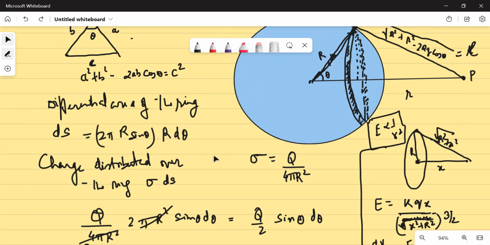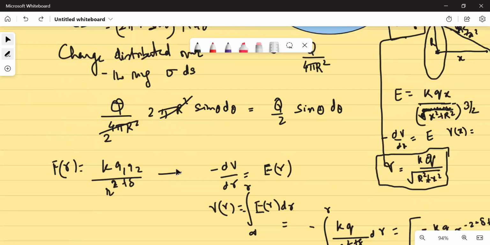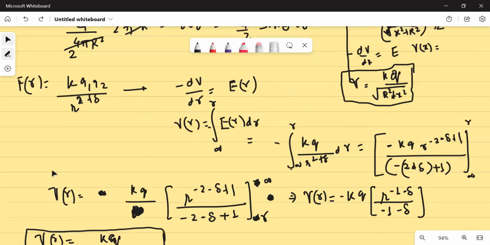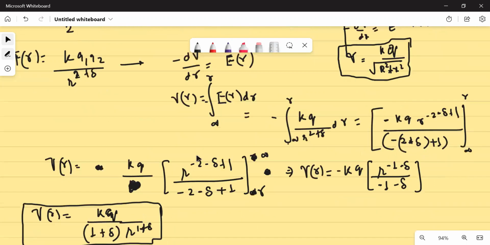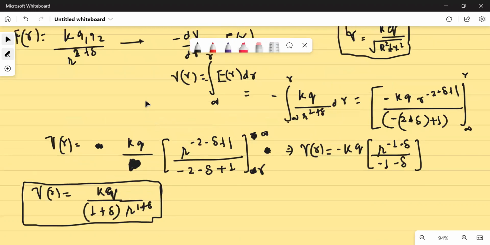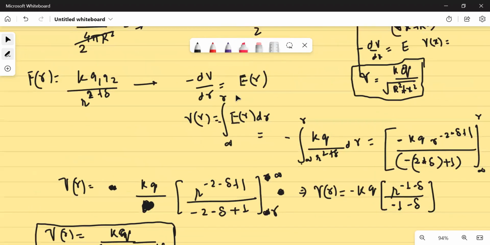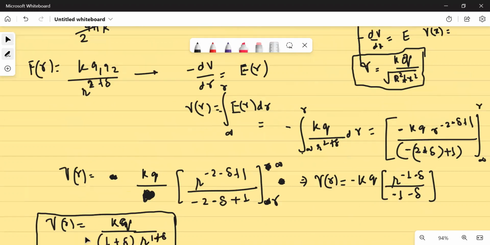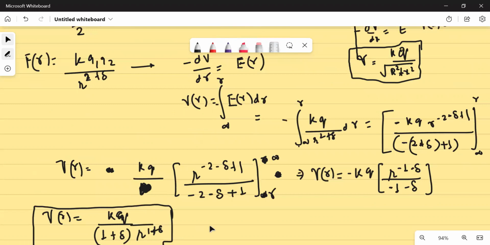I would first have to find the newer potential. I found the newer potential to be kq upon (1 plus delta) r to the power 1 plus delta. Is that clear? If you have this newer field, kq upon r to the power 2 plus delta, and you find the potential from it, you will get kq upon (1 plus delta) r to the power 1 plus delta.